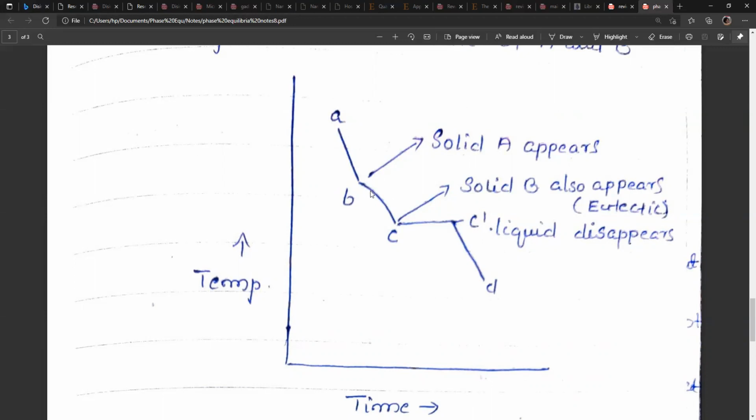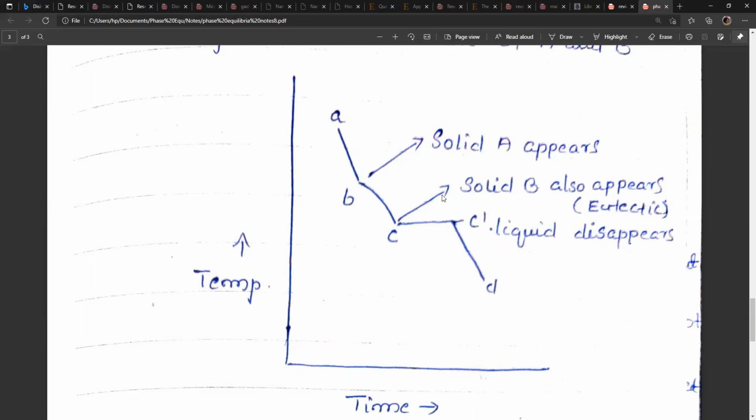We know that as the temperature decreases and solid A separates, the solution becomes more concentrated in B, its melting point decreases, and more solid A separates. Like that, the system follows the curve BC, and at C, which is the eutectic temperature, the eutectic point, solid B also begins to separate.